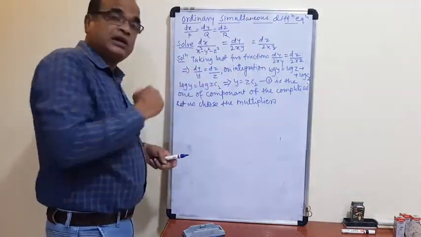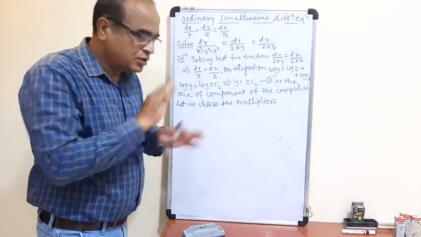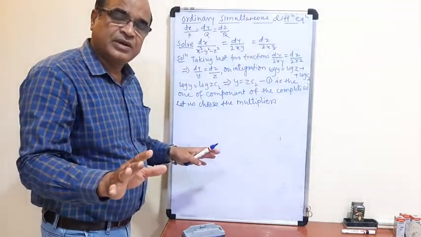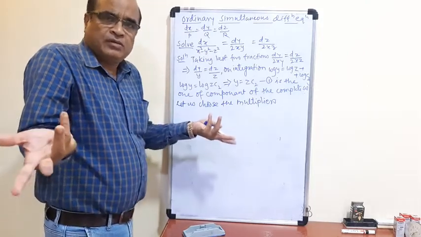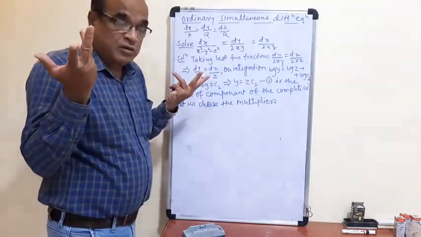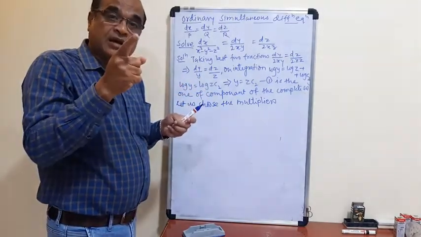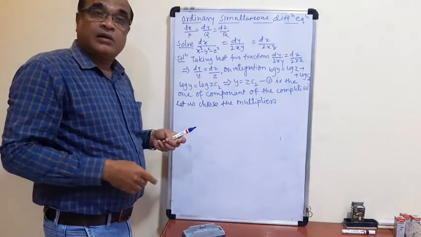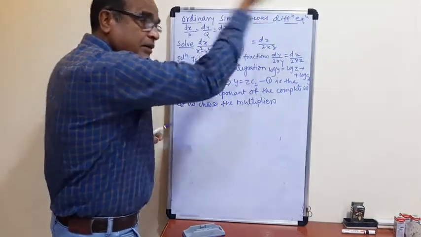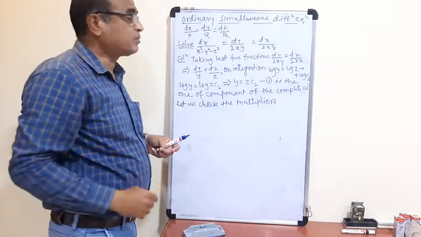Why are you taking multipliers to make 0? No. Simply, if it is possible, then okay. But I don't know if it is possible or not. But it is better to make other fractions and then solve this differential equation.